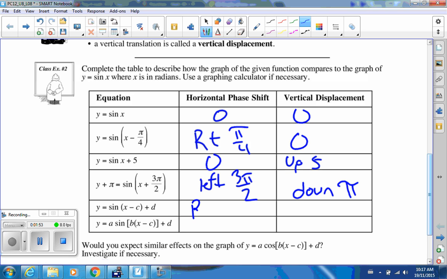Here I'm going to have right C units, up D units, and same thing, right C, up D. The thing we want to note there is that it doesn't matter whether they're stretched or not. The stretches play no impact on the values, assuming that I'm not a range question, right?